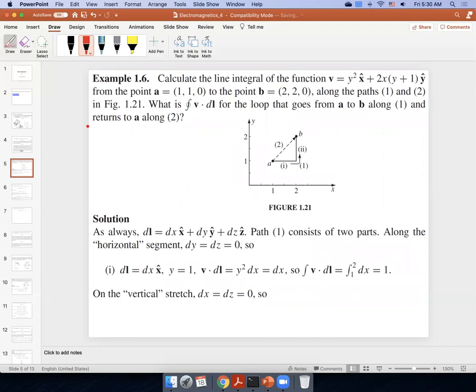Now let's do one example here for line integral. I suppose you have reviewed the knowledge of line integral for scalar functions. Then you can quickly understand the line integral for a vector function. So here is an example of a vector function. The vector function is v equals this function.